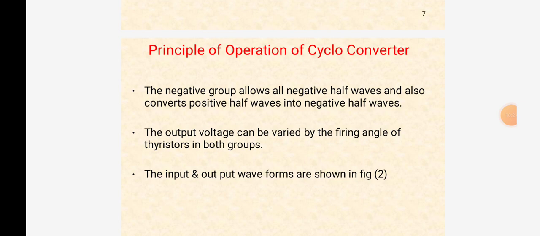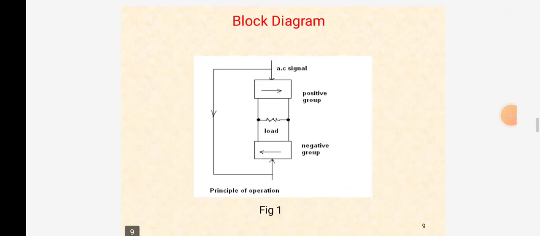The input and output waveforms are shown in this diagram. There are two groups, positive group and negative group, and the signal is an AC signal. In between the two groups is the R load, with load voltage VL. This figure shows the principle of operation of a cycloconverter.